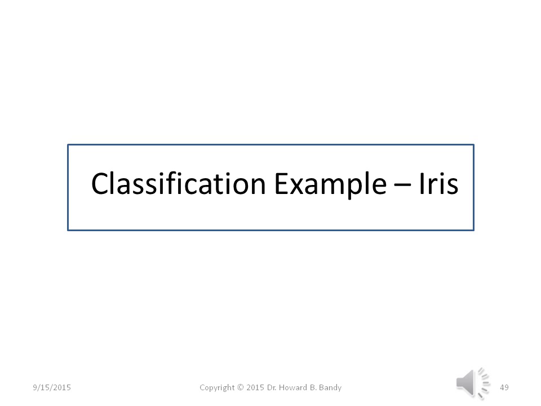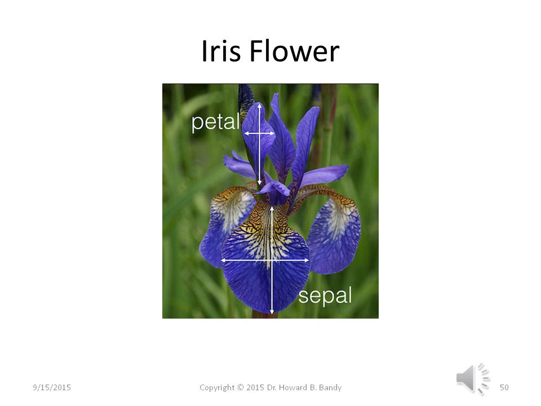We'll start with a classical example, iris. This comes from the mid-1900s. The data is 150 flowers representing 3 species, and for each iris species there are 4 measurements: the length and width of the petal and the length and width of the sepal.